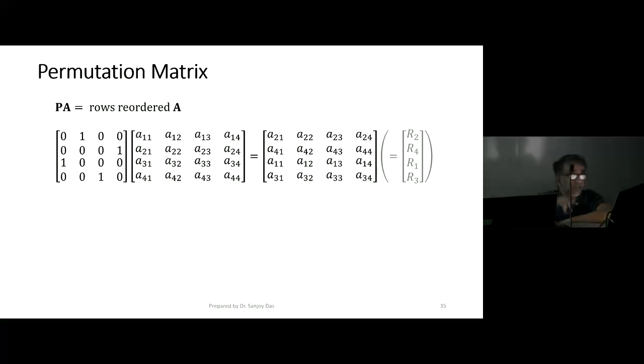Equivalently, this is something I wanted to tell you, post-multiplication with P transpose, if I take A and post-multiply it with P transpose, then that would be like rearranging the columns of my A in exactly the same order.